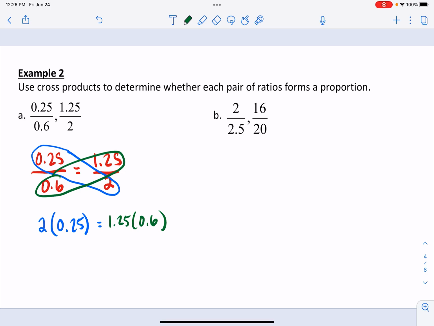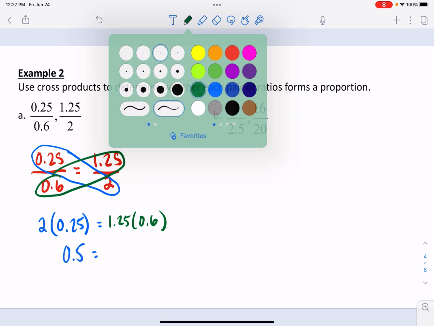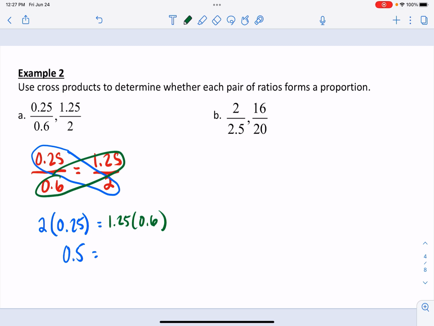Well, 2 times 0.25 is 0.5. 1.25 times 0.6 is equal to 0.75. So no. Said another way, those are not equal ratios.